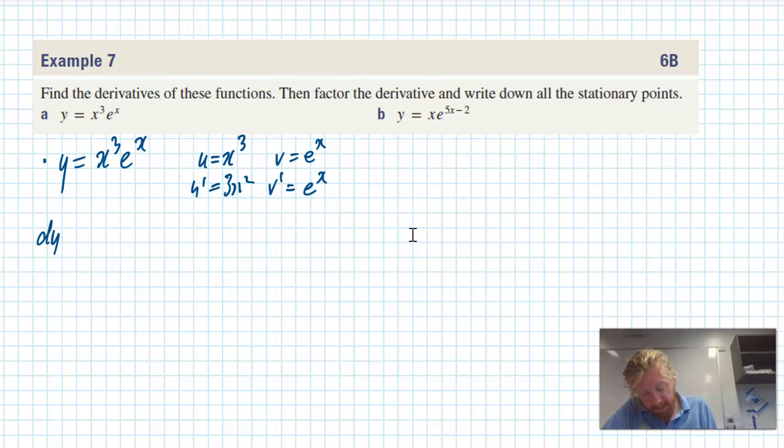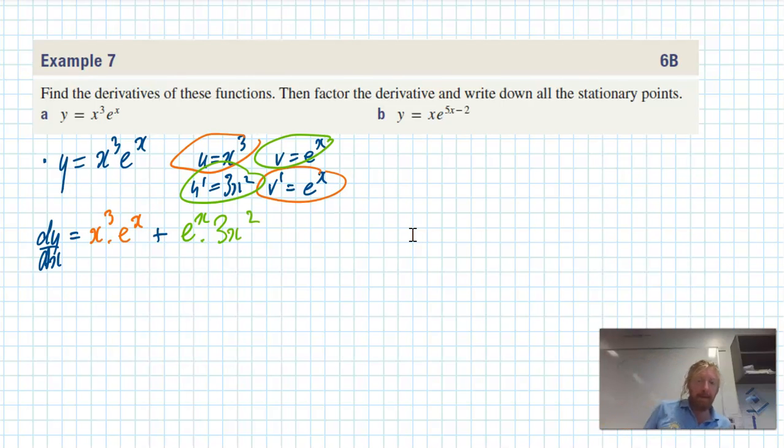That means that dy dx, I'm going to stop using y dash, it's sloppy, dy dx equals u dv plus v du.